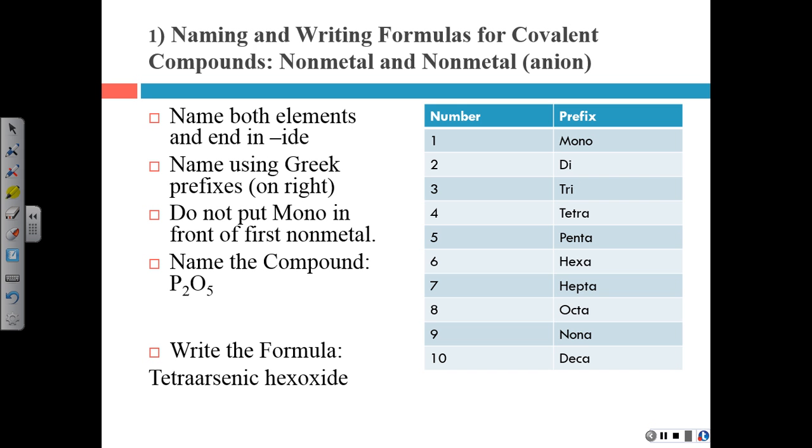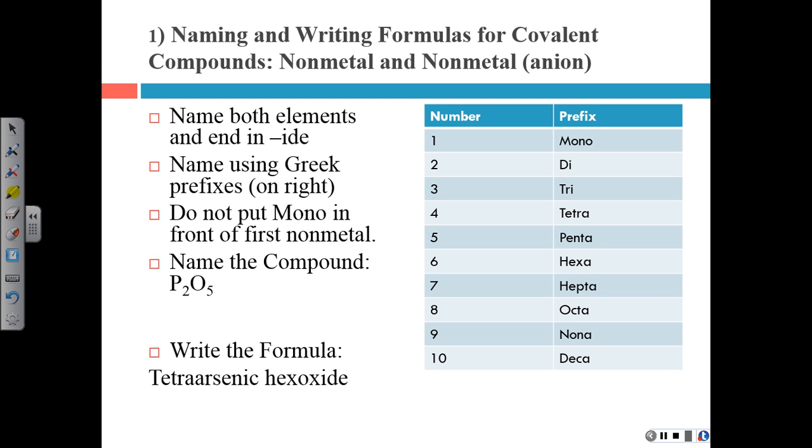All right, so let's try this. We're given the formula, and we need to name P2O5. So any guesses how we do this? What do you think we would write? Exactly. We have a 2, everybody see that 2? And we know that 2 goes with di, so we would say diphosphorus.